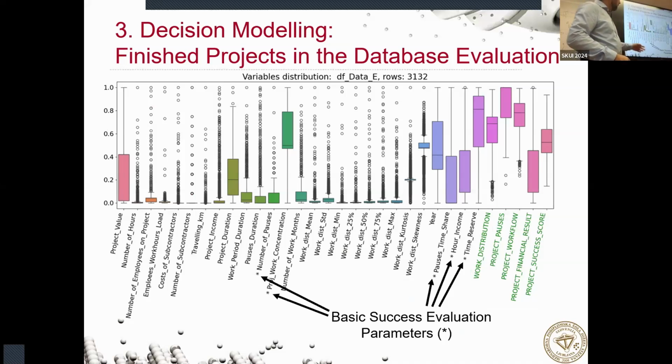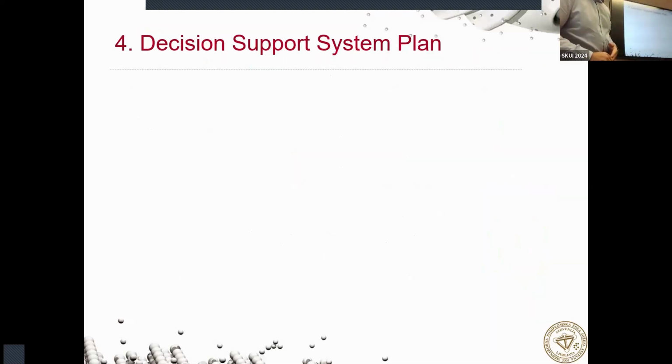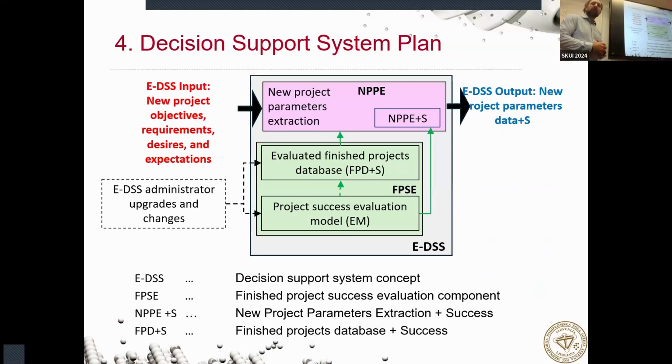And here you can see the stars are showing decision-making parameters that are in the databases. This is the decision support system plan.